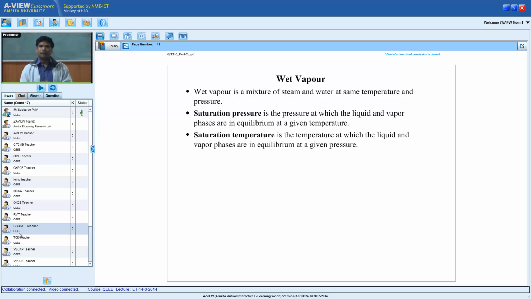That's how there is a couple. Strictly speaking, saturation pressure and saturation temperature are a couple. There is a perfect relation between these two, and each substance will have a different relation.